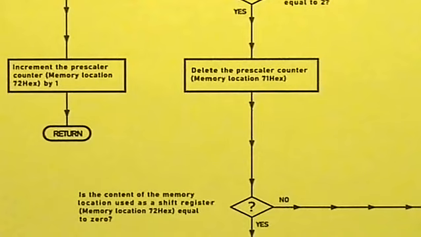However, if the content of the prescaler is 2, then this prescaler counter is first cleared, and then a query is made as to whether the content of the 8-bit memory location which acts as a shift register has the value 0.